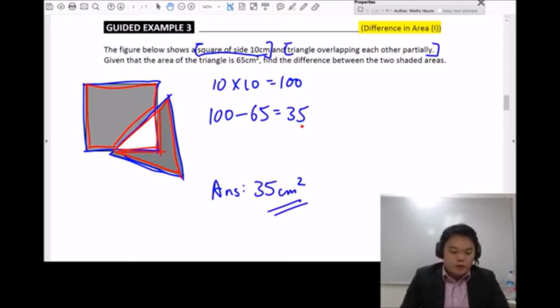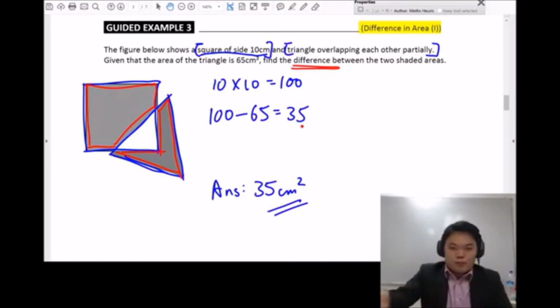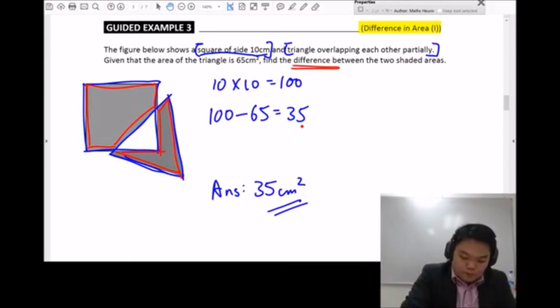So there's no way you can find the shaded areas alone. The key thing lies in difference, because when you are finding the difference, usually there is one concept that they need to link back to, which is on elimination, grouping and elimination. So this is what I'm going to do.